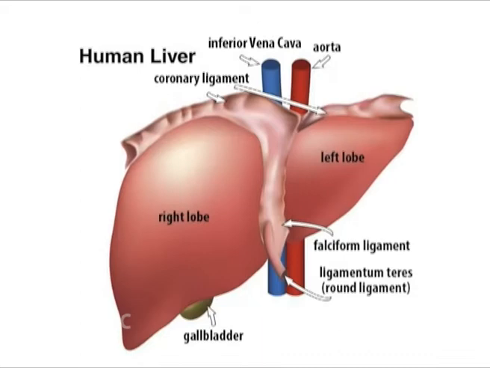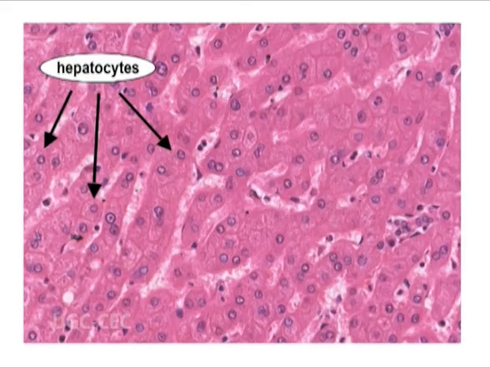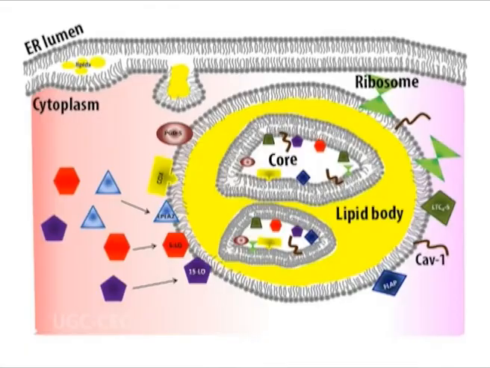In certain specialized cells, however, the smooth ER is abundant and has additional functions. The main cell type in the liver, the hepatocyte, is an example of a cell with an abundant smooth ER. It is the principal site of production of lipoprotein particles, which carry lipids via the bloodstream to other parts of the body.